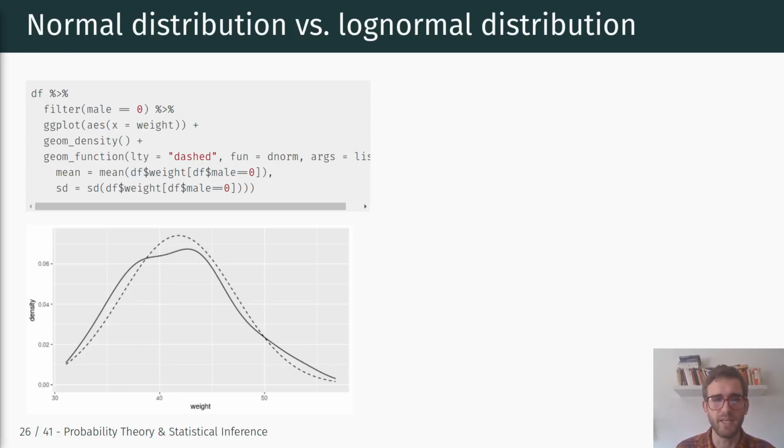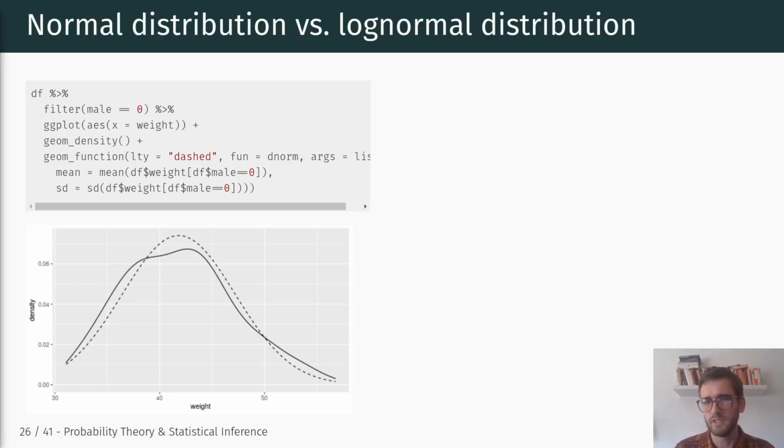And one example for that, in the book at least, is people's weight, because it has a heavier tail, so to speak. And so we're just going to try to replicate this using this anthropology data set.